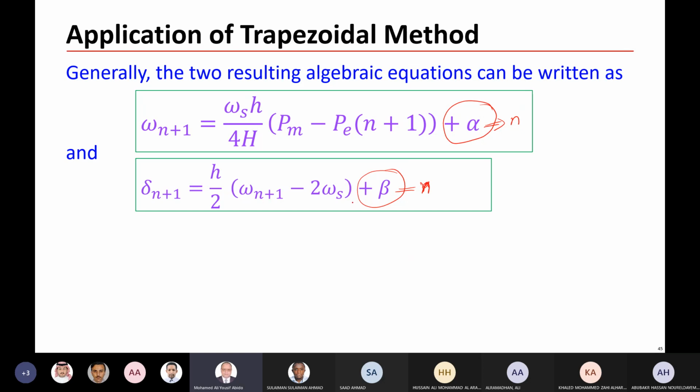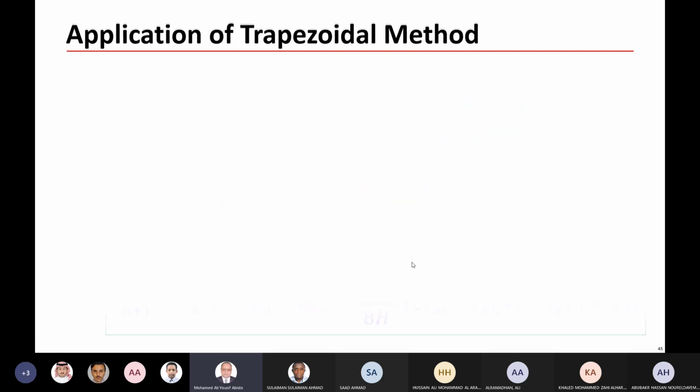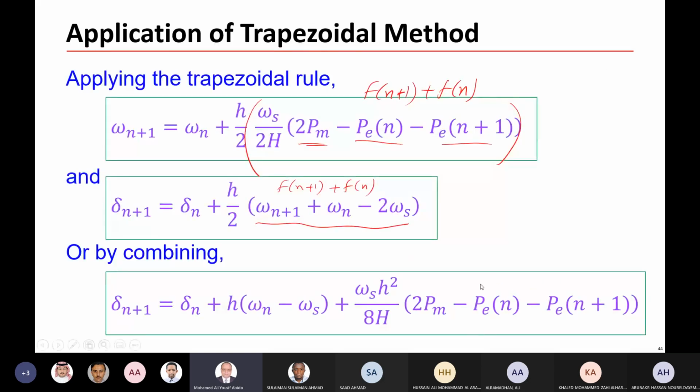So we can separate, it's very simple, just some mathematical manipulation in order to simplify the calculation. You already have the value of Pe of n. This value is calculated at n, so it's already known, and you can take it outside the constant multiplied by omega s and so on.